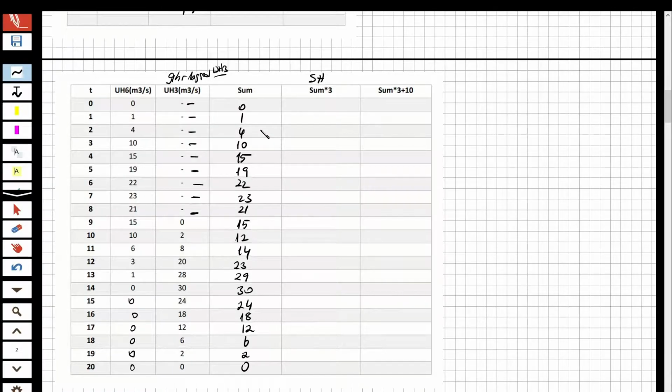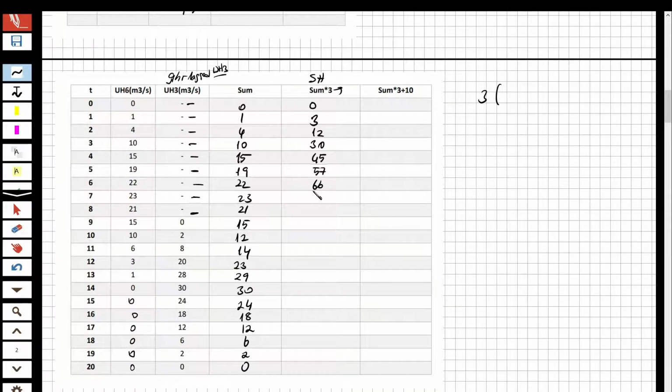So let's multiply with 3. If you remember, I told you that I'm going to take it into parentheses. Okay, so let's multiply with 3. 0 and 3, 12, 30, and this is going to be 45. This is going to be 57. This is going to be 66.